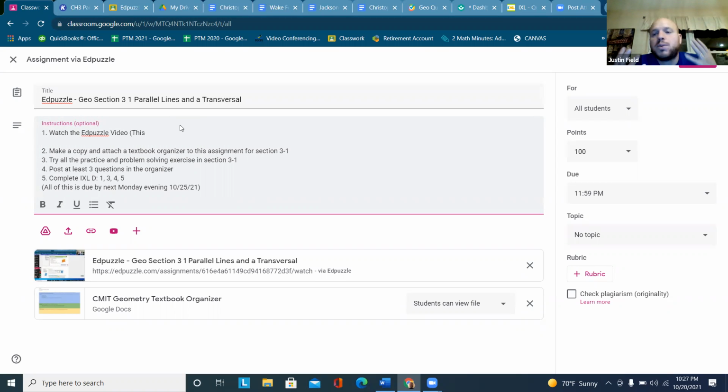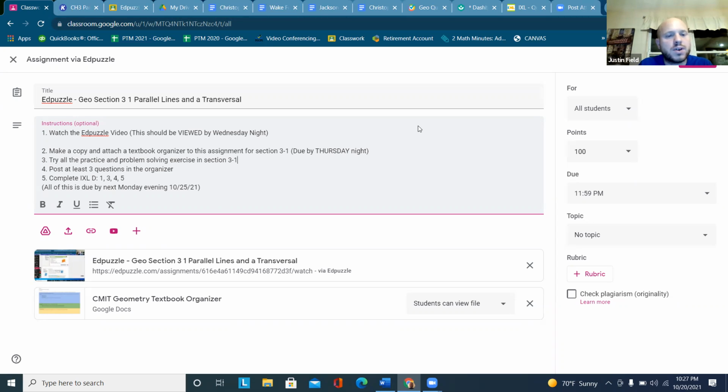The Edpuzzle video should always be watched by Wednesday night. I also want the textbook organizer done by Wednesday night, but I'll give you time in class to finish it. Due by Thursday night.